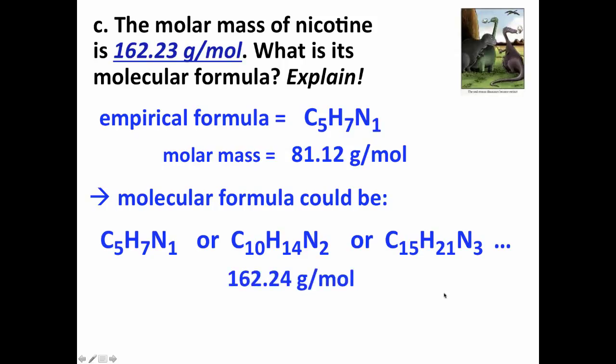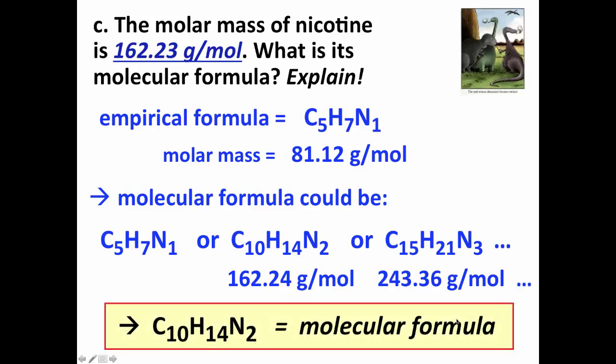And if the molar mass of the actual substance is 162 grams per mole, which is about twice 81 grams per mole, then we know that that's the formula. If it had been 3 times as much, then we'd have the molecular formula being C15H21N3, and the molar mass would be 3 times 81.12, or 243.36.